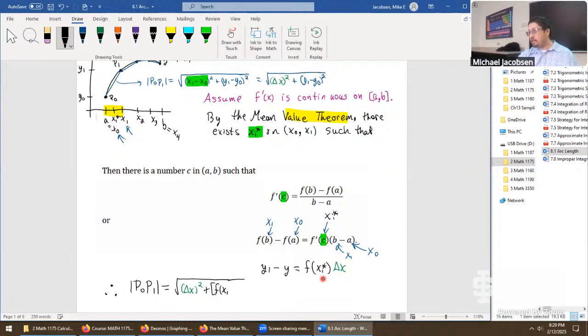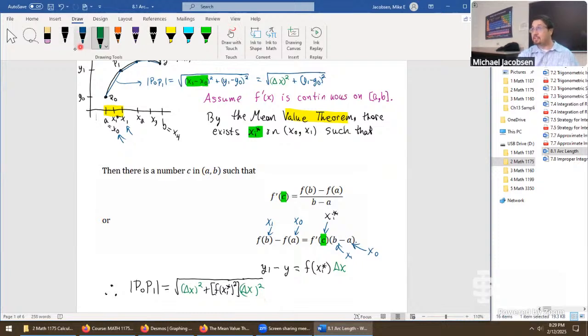F of x1 star squared. And delta x itself will also have power 2 since we're squaring that entire line down there. So delta x squared as well. Because delta x has appeared in 2 spots to power 2, think of the same kind of thing when we're doing trigonometric substitution, when we factor out square root of 4 or something along those lines.